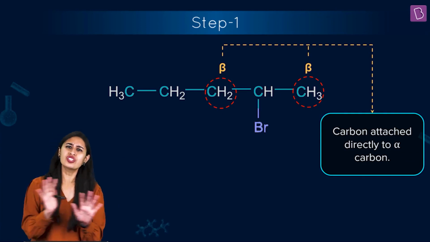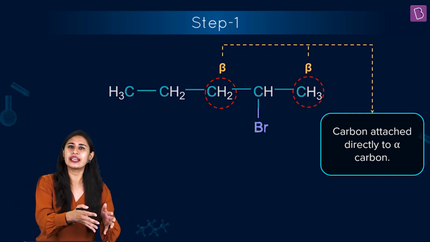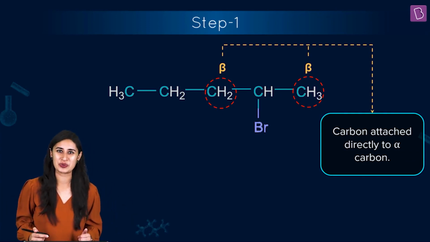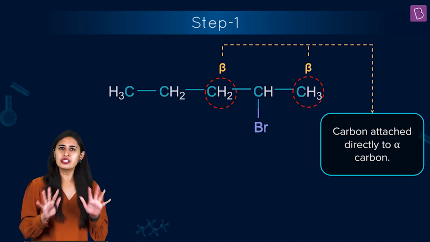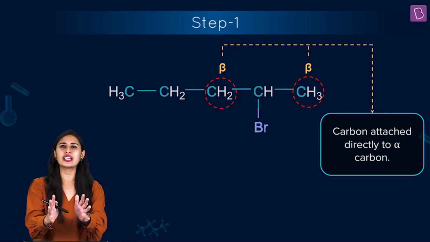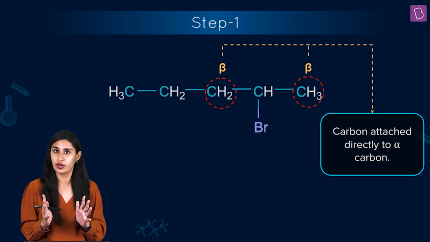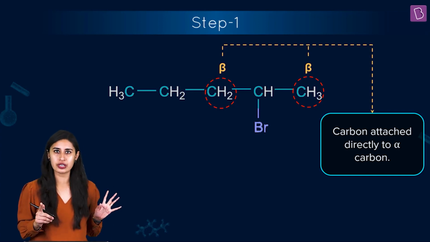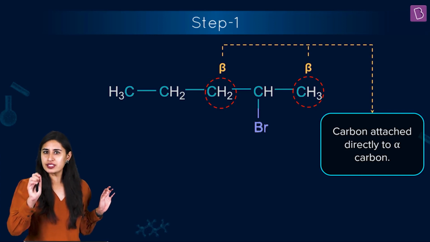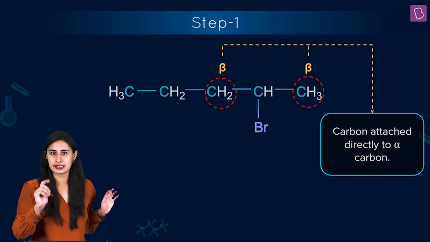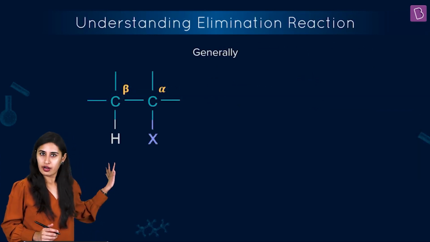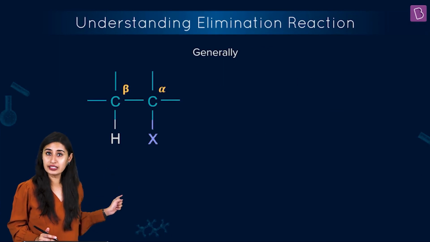Now let me give you a general reaction without getting into the mechanism of E1 and E2. Let's keep it very simple but very intelligent. Smart generation out there, be with me and see what's happening in a general sense. Take a look. We have a hydrogen at the beta carbon.